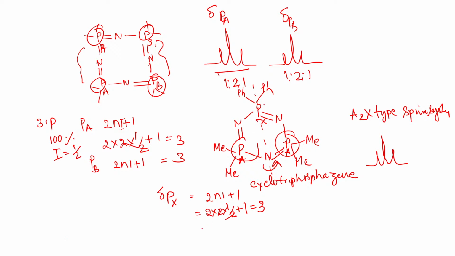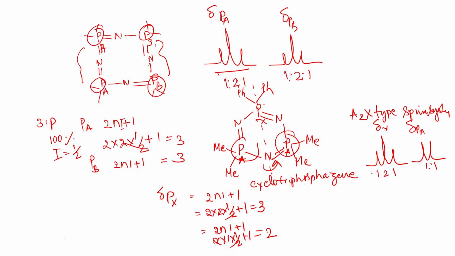If you take 2nI plus 1, you will get only 2. Now this is for PX, and this is for PA. What you get is a doublet. This is 1:1, and this is 1:2:1.